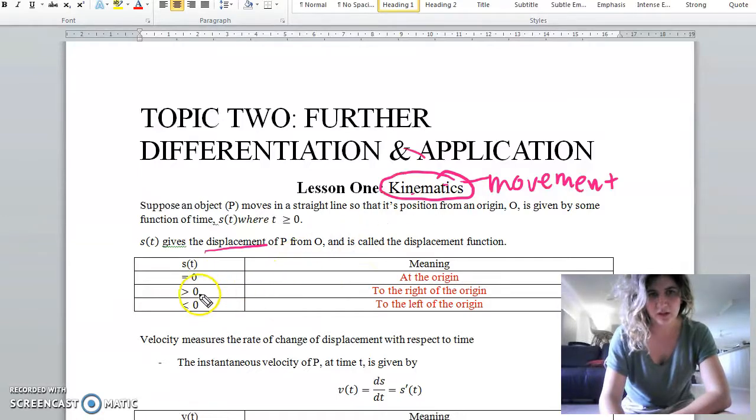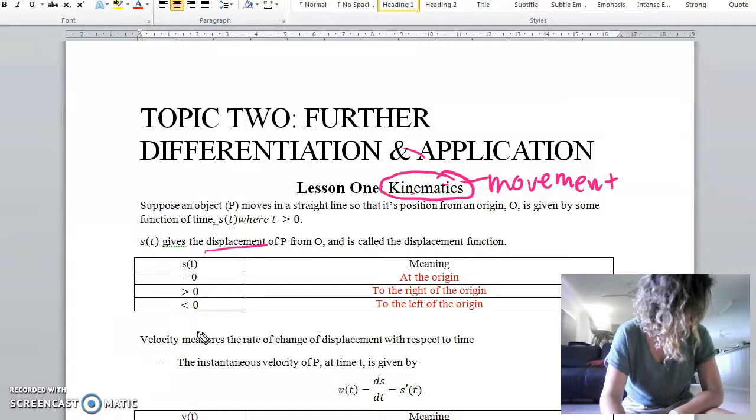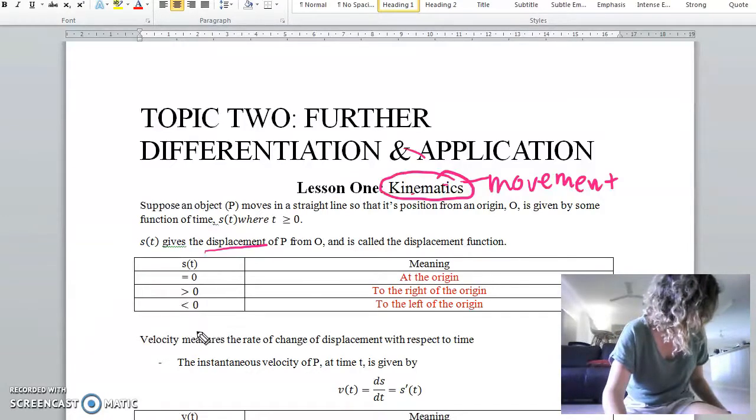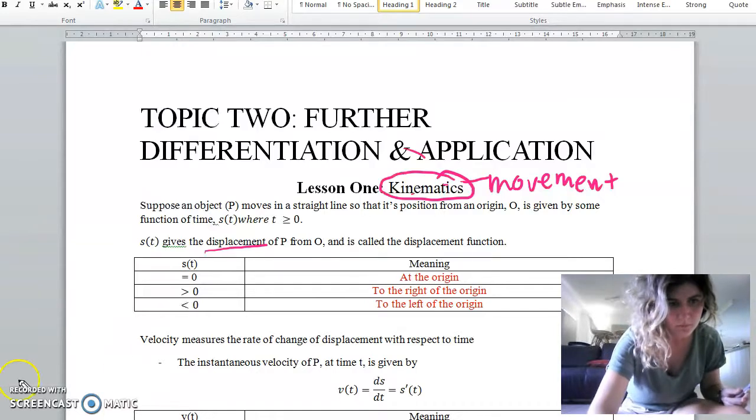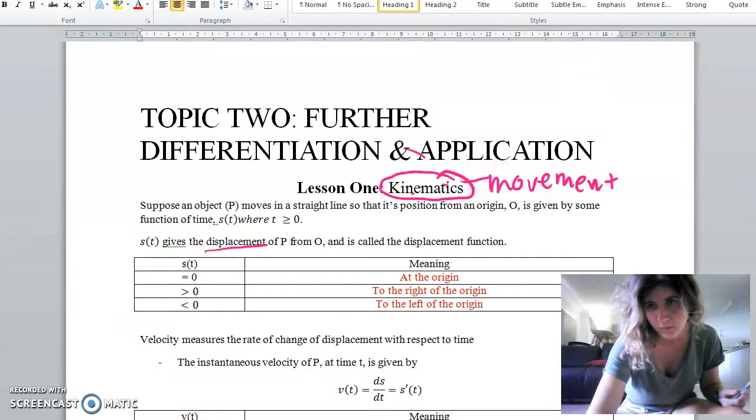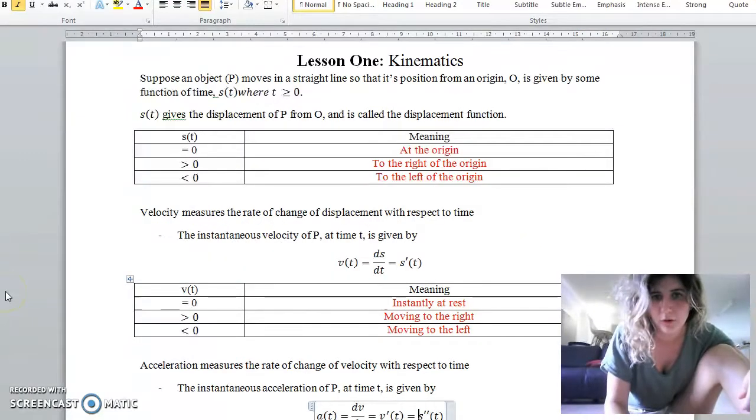If your position is greater than 0, you're to the right of your origin, and if your position is less than 0, you're to the left of your origin.